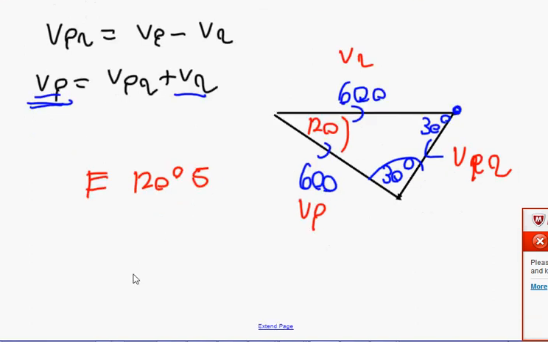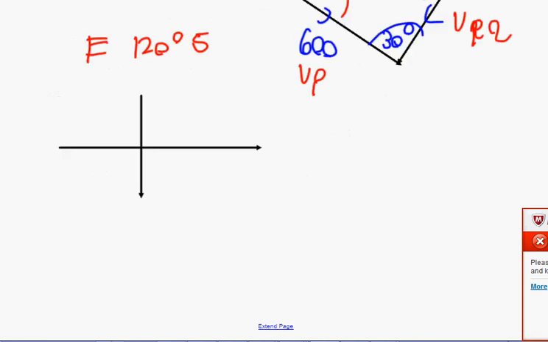So if you were to draw your x and y-axis here, what you're going to do is get your compass, and you're going to go your full 90 degrees around, and then you're going to go 30 degrees here. And here's your answer. West 60 degrees, south.